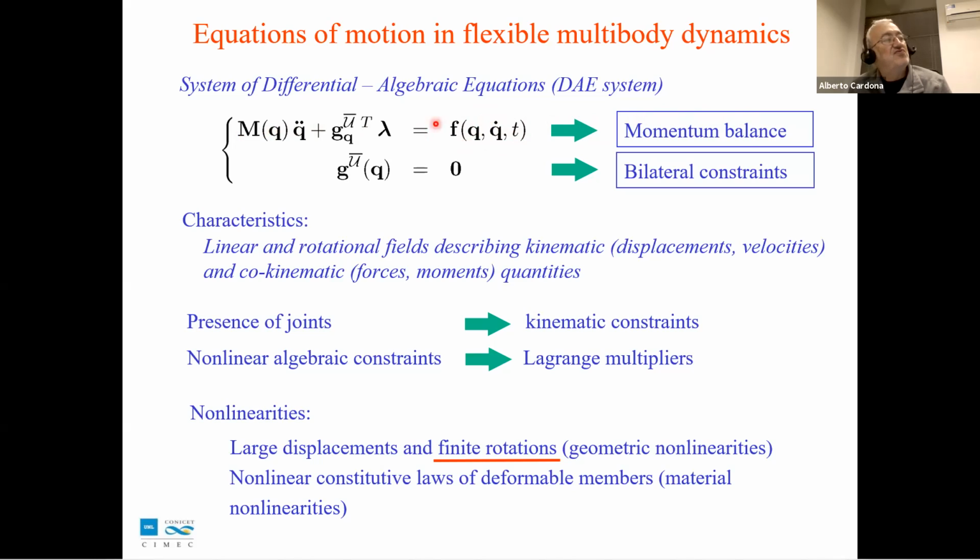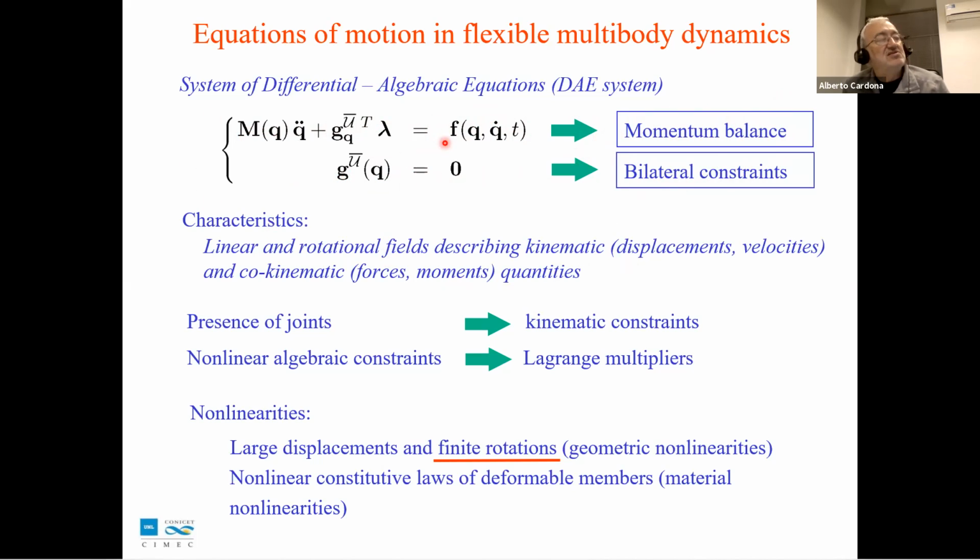So this first equation is the momentum balance of the system. And this momentum balance is supplemented by equations of constraint. In principle, I consider here only bilateral constraints, but we can have many other types of constraints, of course.